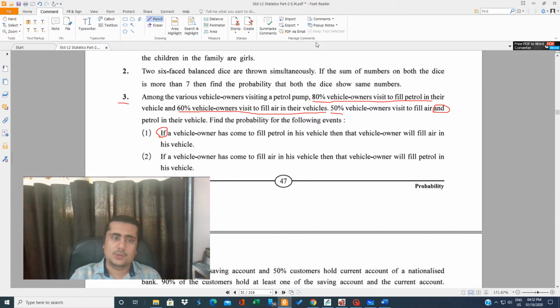After if, the vehicle owner has come to fill petrol. This fill petrol is event A. So this will form P of B upon A. You have to see which event is there after if. After if the event is A, so A will be in the denominator.